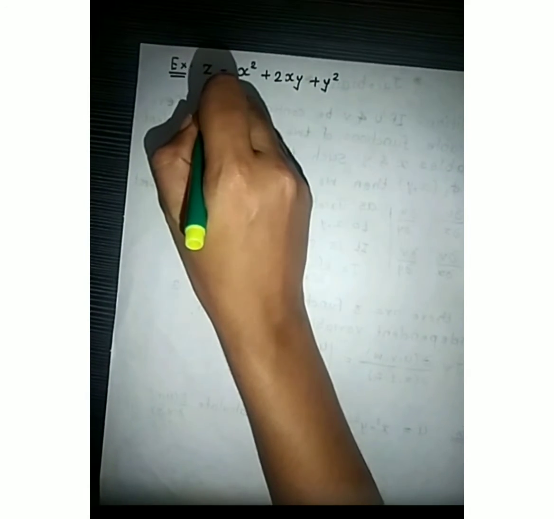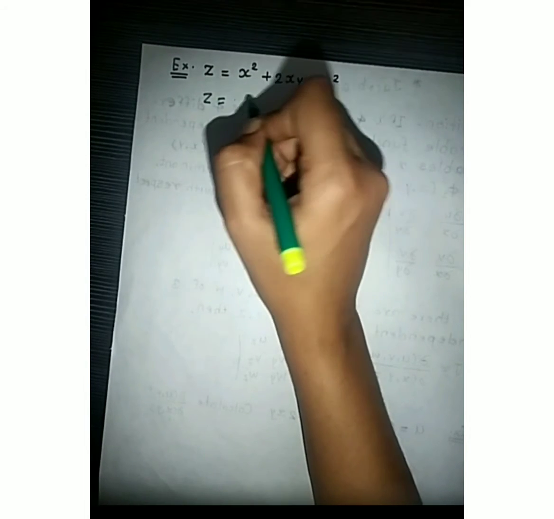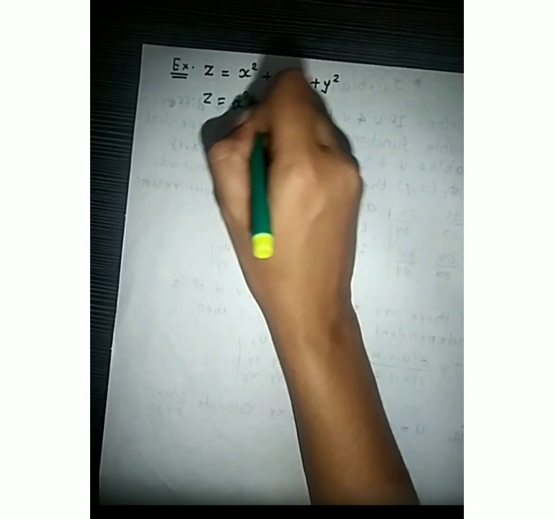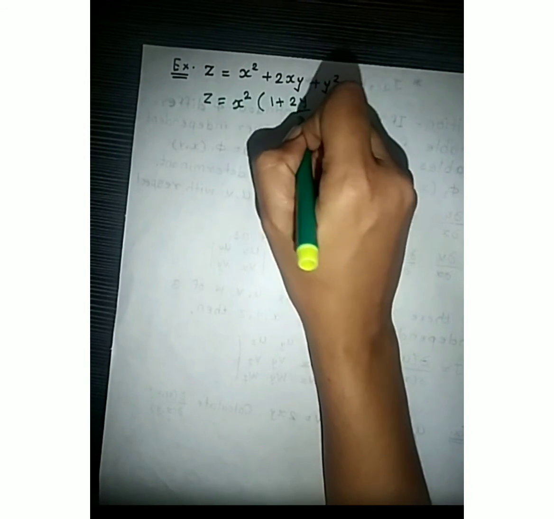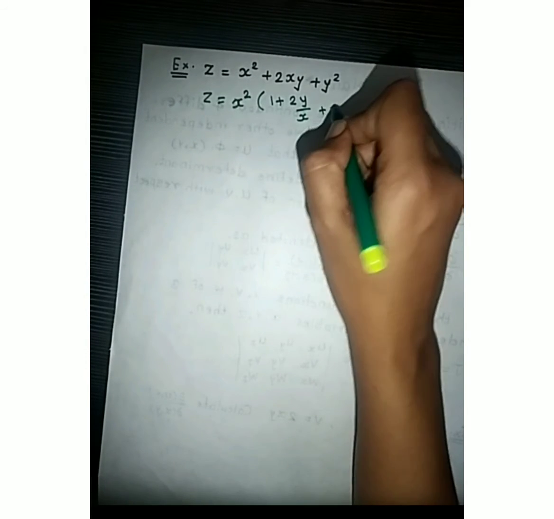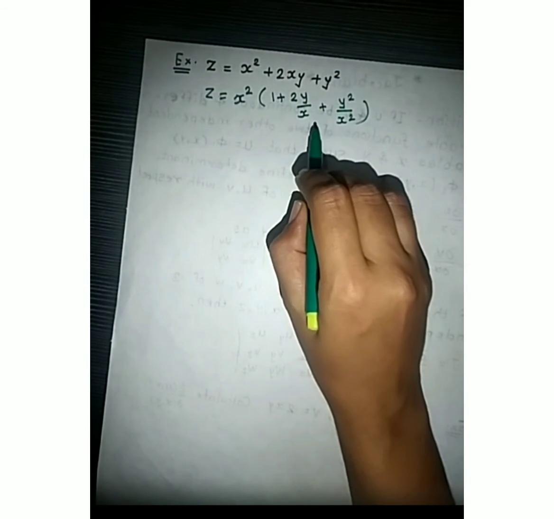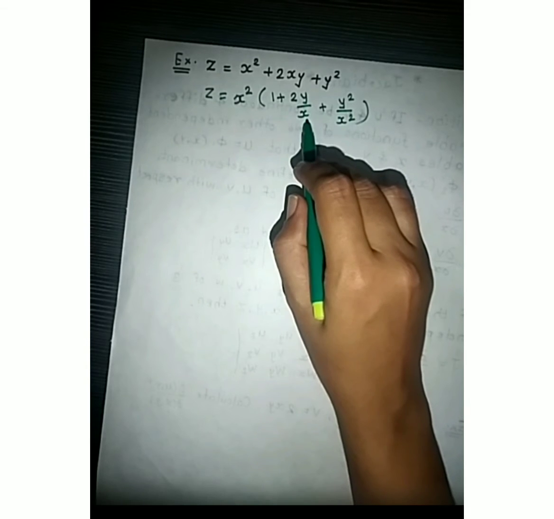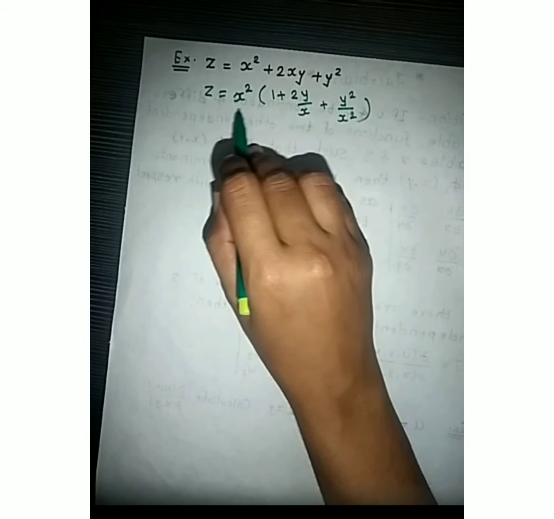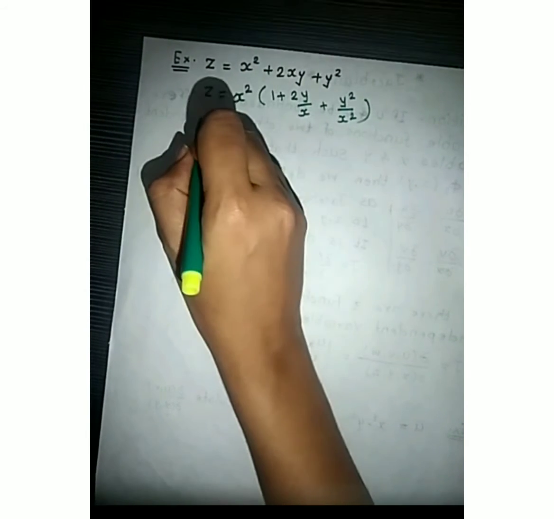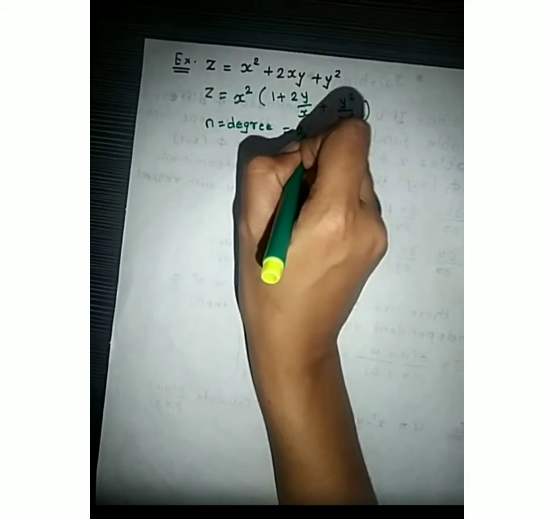For a homogeneous function, we take x square common from this equation, so here it is 1 plus 2 into y by x plus y square by x square. So it is a function in variable y upon x, and x raised to n is common where n is equal to 2. Therefore this is a homogeneous function of degree 2.